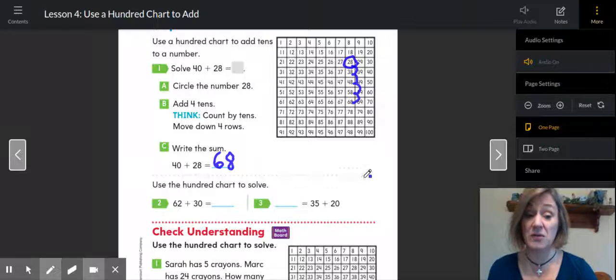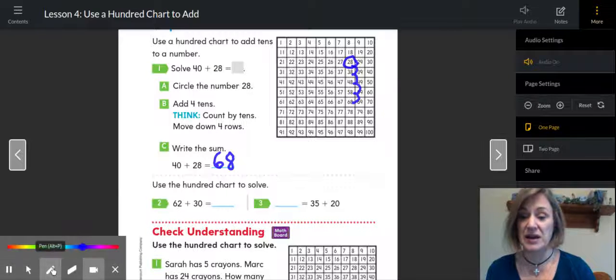Now, the tricky part was not only did I have to know I had to move down because I'm counting by tens, but I also had to put the addends in a different order. I had to see that 40 is the number that I want to move by because it's easier, because it's a multiple of 10. It's an even 10. It's 4 tens. 40 is 4 tens.